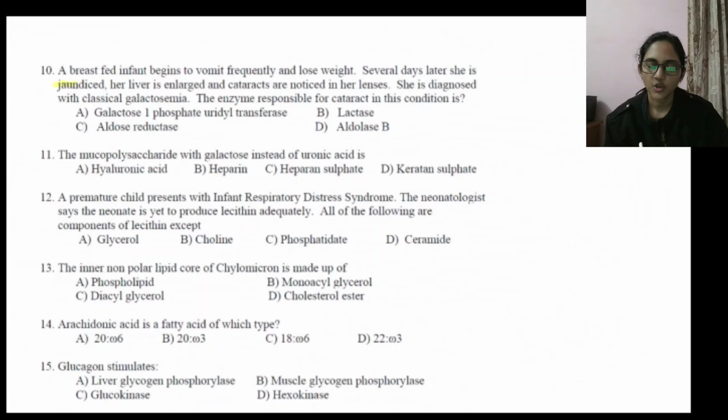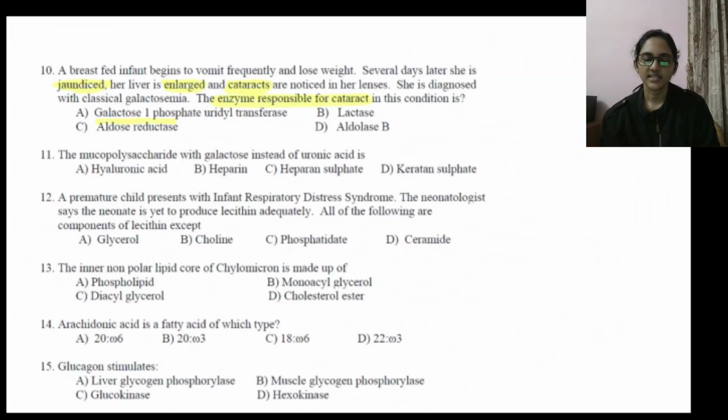Later, she is jaundiced, liver is enlarged, cataract is observed. So, whenever you find cataract in a child, it is going to be galactosemia. But don't straight away go and mark this enzyme responsible for galactosemia. Let us just read the question. She is diagnosed with classical galactosemia. The enzyme responsible for cataract is what is being asked here.